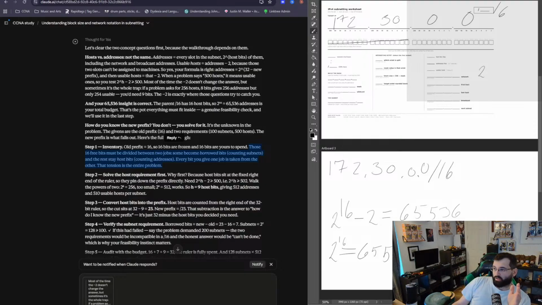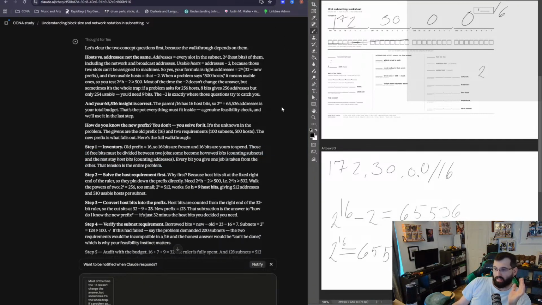Okay, now I'm starting to understand. So if I drew a line right here, then this side would be borrowed and this side would be free.